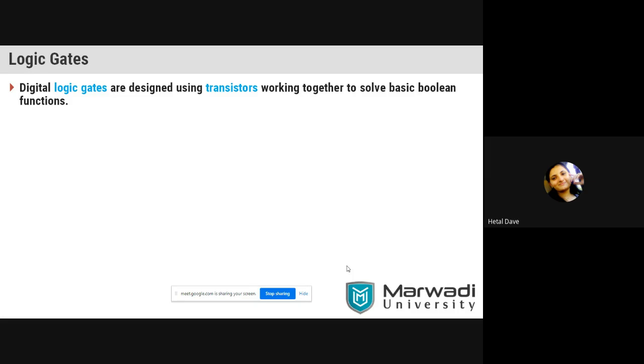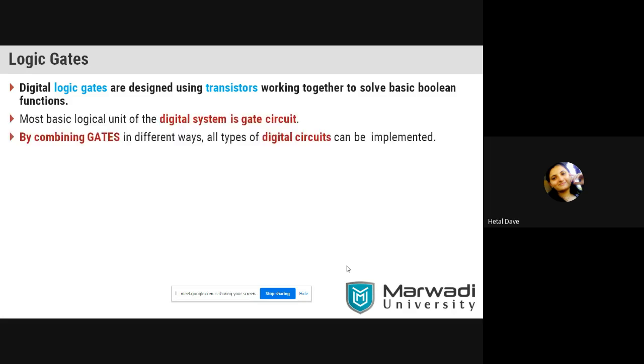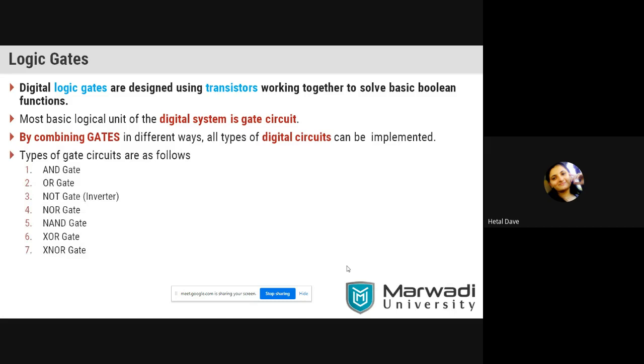Logic gates are designed using transistors, and components like resistors are also used with them. The most basic logic gates are AND, OR, and NOT. These three are basic gates. NOR and NAND gates are universal gates, and XOR and XNOR gates are advanced gates.